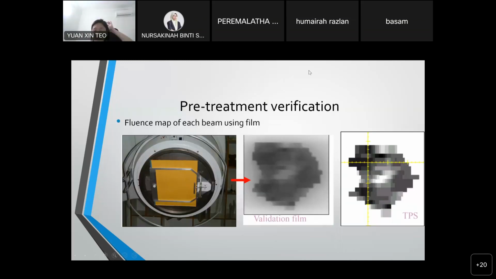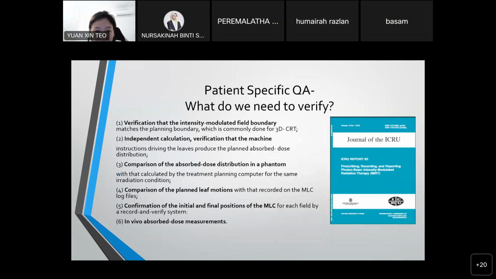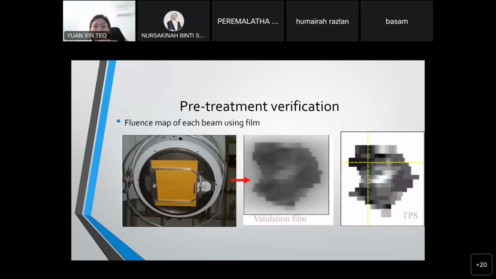Okay, so this one what I mentioned just now is the MLC leaf motions comparison with the plan. This one is checking the MLC. So we will put a film on this machine, this is the machine gantry head, and then we shoot all the beams to that film.